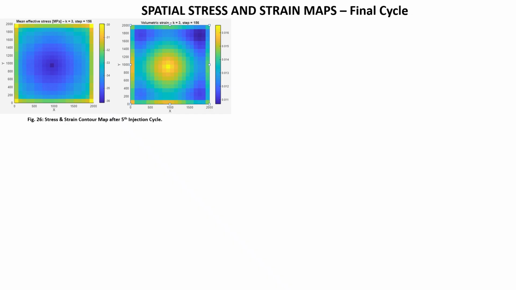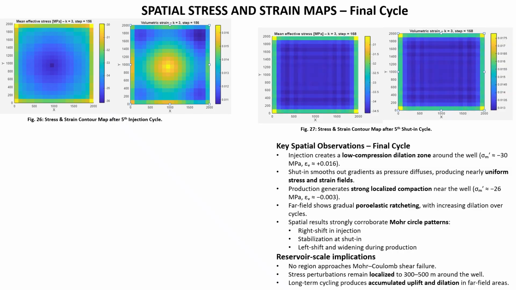If you look at this, you see the color coding is more pronounced, but I wouldn't want us to spend more time here because I'm going to do a comparative analysis so you can see the difference between cycle 1 and cycle 5. So I'm just going to run through and show you the figures here.